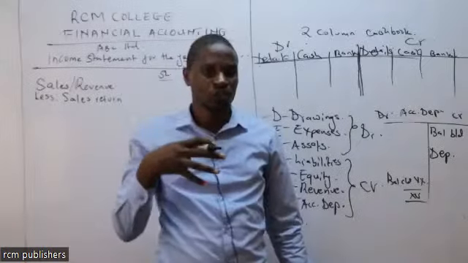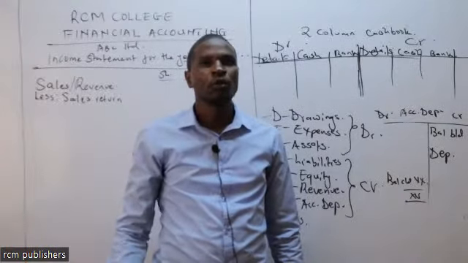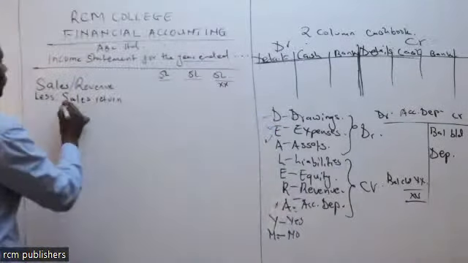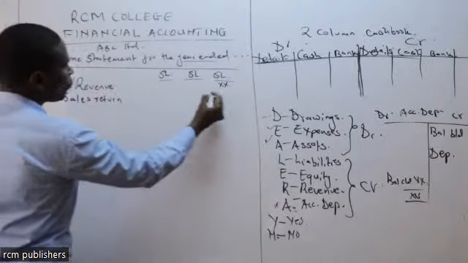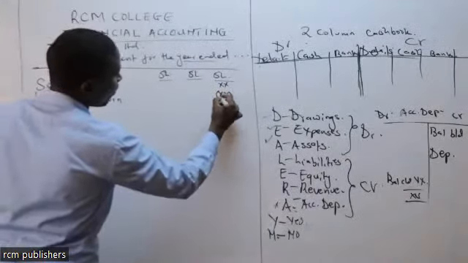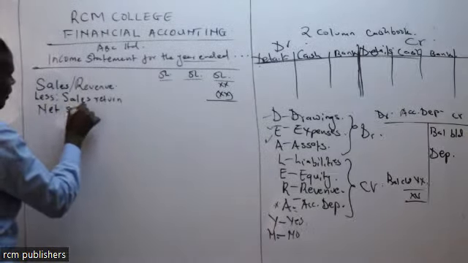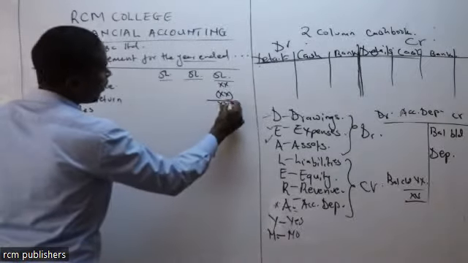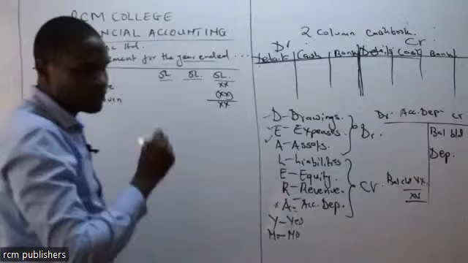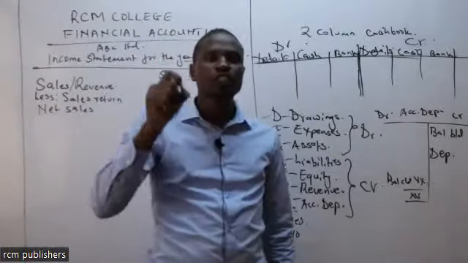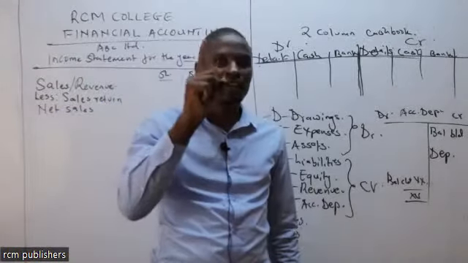Maybe the default is from your end. So you have to record sales return, and this one reduces our sales. So we shall be having our net sales. Remember, we want to arrive at our net profit at the end of the day.